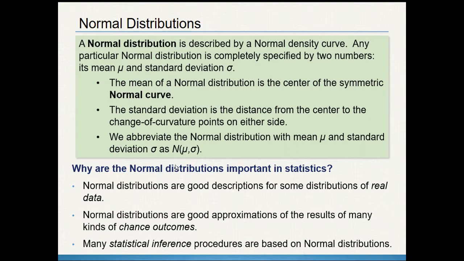There's lots of things in the real world that are distributed normally, so they're hugely important. There are other types of distributions that we will learn about here in statistics, but none that will ever really rise to the level of importance of normal distributions. Nonetheless, the others are still important, but a normal distribution is critically important.